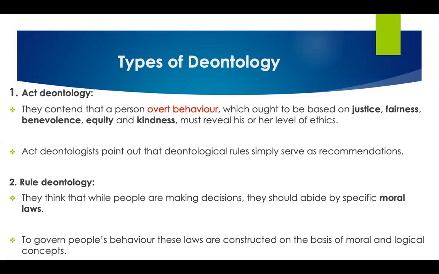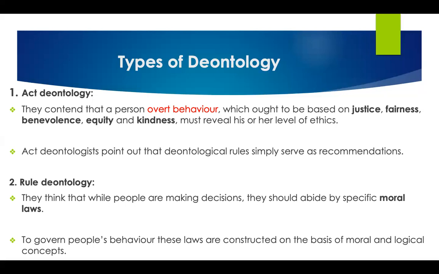All right. Then we have rule deontology. They think that while people are making decisions, they should abide by specific moral laws. So with rule deontology, the emphasis is on obeying some moral laws or moral rules. It is not too different from the earlier one.